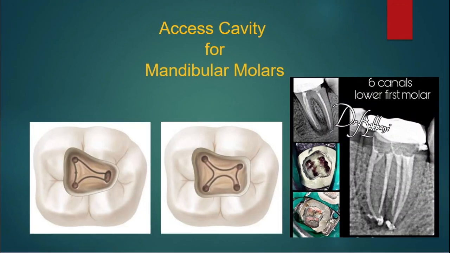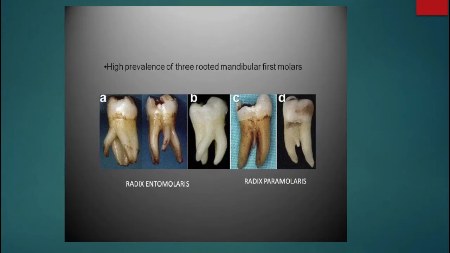I didn't have the chance to treat a one-canal lower second molar, but I know a lot of people who post such cases on Facebook and Instagram, so it's kind of rare, but if you are lucky, you will have such a case. We should also mention that there is a huge chance to have a three-rooted mandibular first molar in cases like radix entomolaris or radix paramolaris.